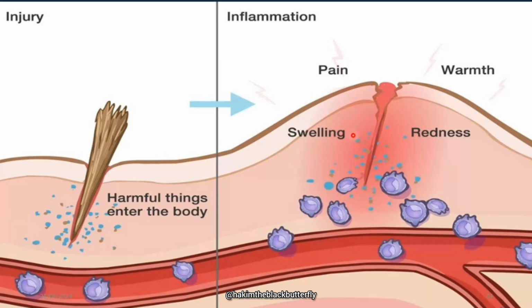There will be swelling of this part of the body, because as the white blood cells leave the capillaries, there is a possibility of some plasma fluid to leak into the surrounding connective tissue, leading to swelling of that part of the body.